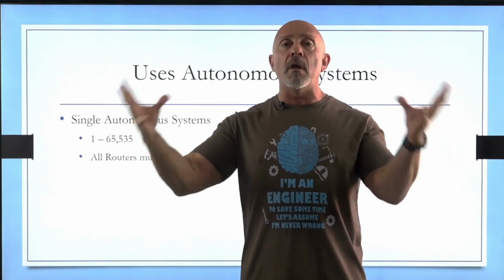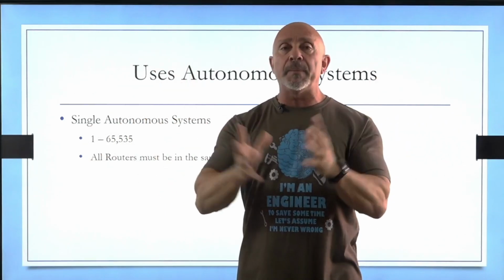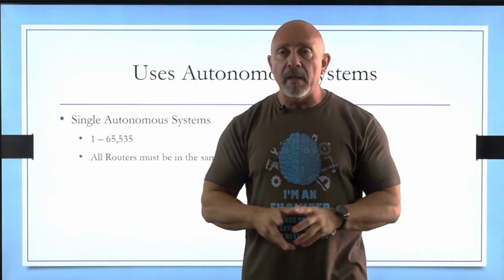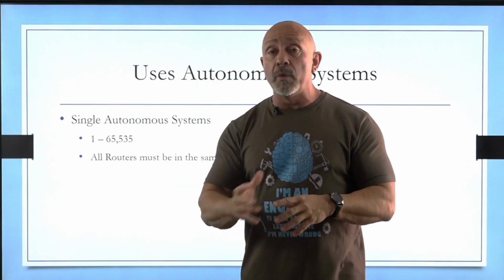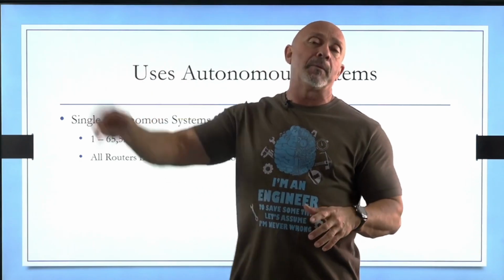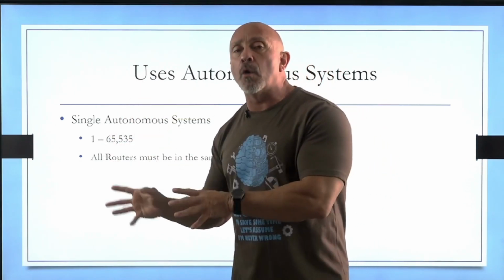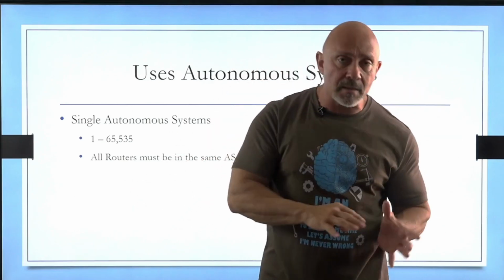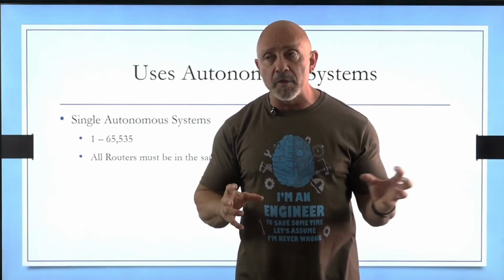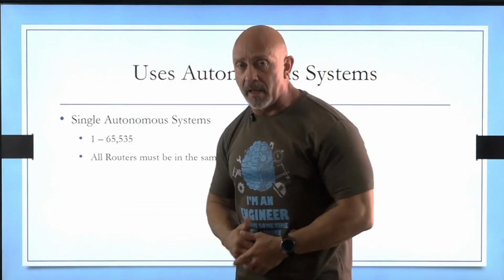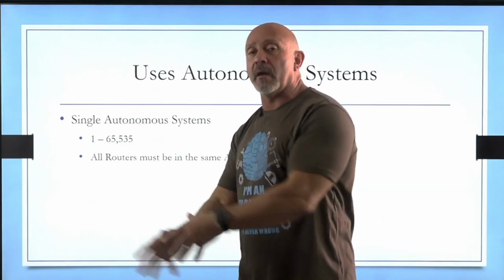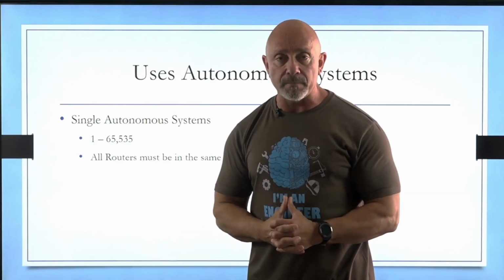If we are all on EIGRP 120, and for whatever reason, on one router we put EIGRP 12 because we forgot to put the 0, then that router will not participate with the rest of the routers because he's in a different autonomous system and he's not going to share his routing table information.